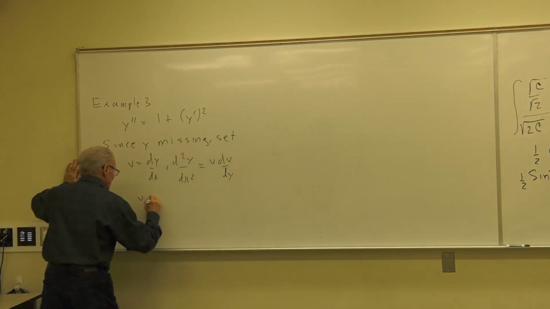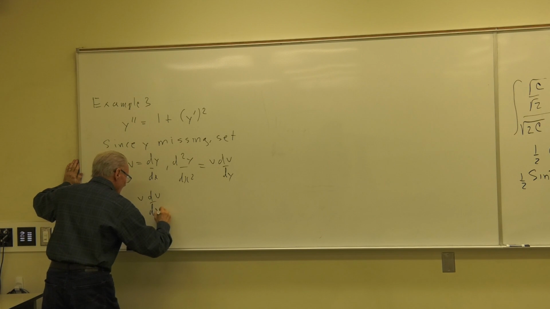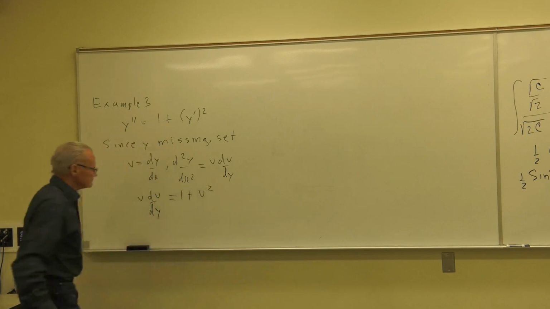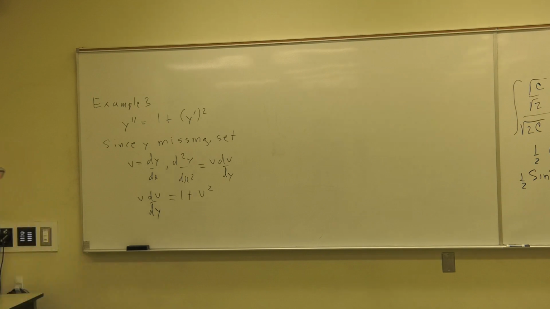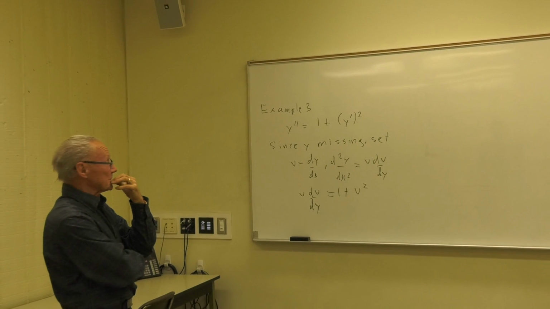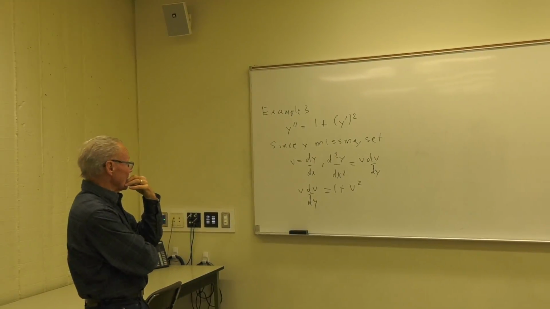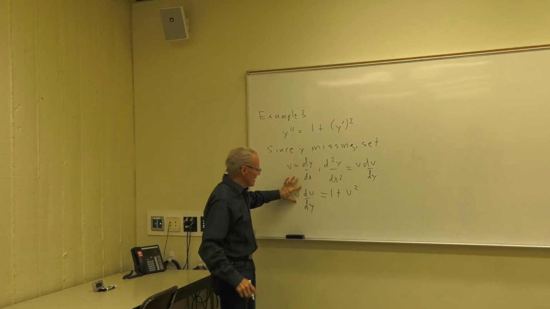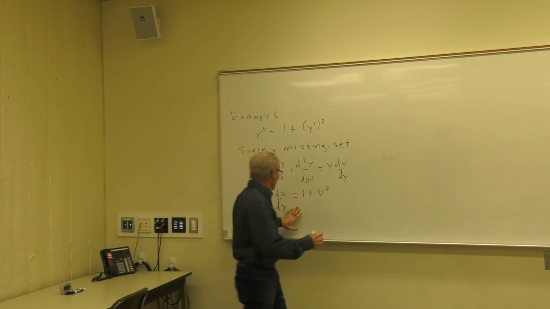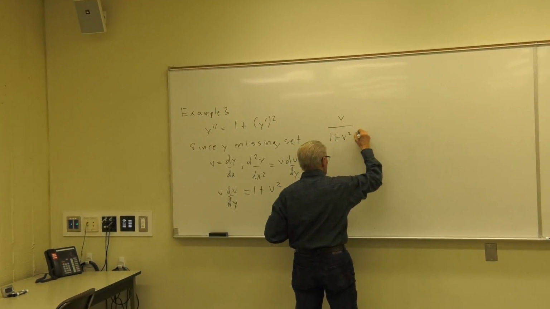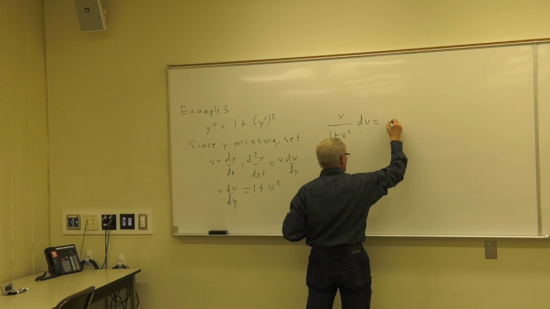We'll have v dv dy is equal to 1 plus v squared. Type, and we only have 2 types, fortunately. Linear first order, and that kills linear, and that kills linear, but it is indeed separable. We could write that v over 1 plus v squared dv is equal to dy.